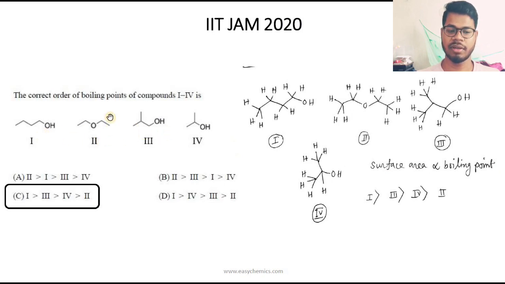Then of course coming to the ether, a symmetrical ether, it has no dipole moment. Along with surface area, dipole moment is also important, because the OH group, that means the hydroxyl group, alcohol group, can form hydrogen bonding, and van der Waals attractions are really important. But in the case of the ether, it is symmetrical, that means there is no dipole moment in this system, so it will have the lowest. So you get the highest because of the surface area, and you get the lowest.